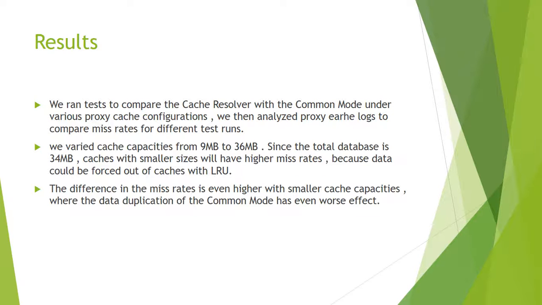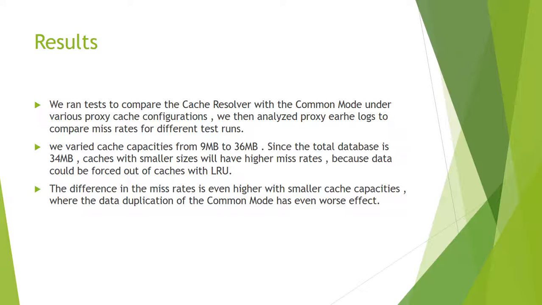So finally, the results. We ran the test to compare the cache resolver with the common mode under various proxy cache configurations. Then we analyzed proxy logs to compare miss rates for different test runs. We varied cache capacities from 9 MB to 36 MB.